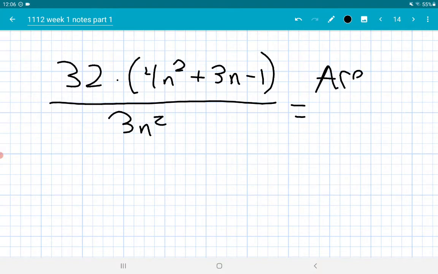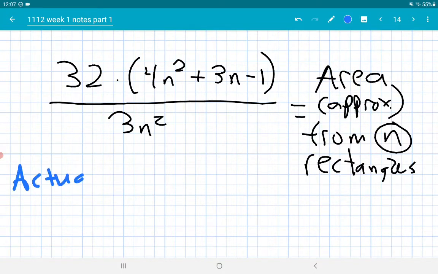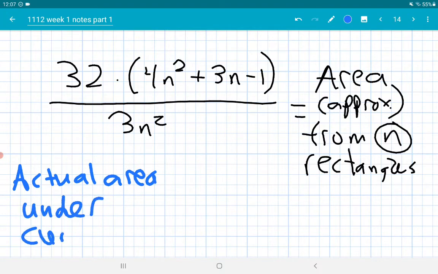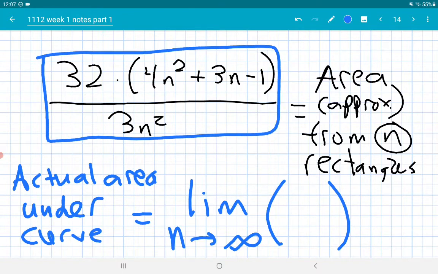This is the area, remember this is approximated, of the actual area from using n, a generic number of rectangles. And so the idea here is that the actual area that we want, the actual area under the curve, is going to be equal to the limit as n approaches infinity of that expression.